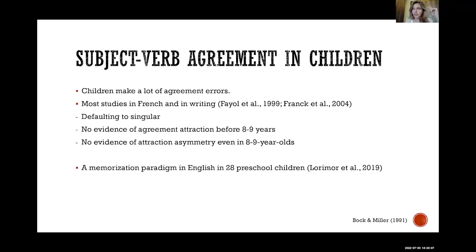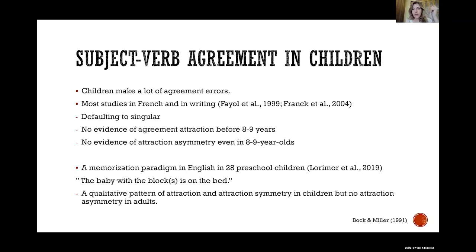In more recent studies, using paradigms that have a little bit more ecological validity in this age group, especially in the preschoolers, we see different patterns. For example, Lorimer and colleagues conducted a study in English-speaking preschoolers, and what they had was a memorization game. Children watched some scenes, memorized some events, and then produced sentences such as, the baby with the blocks is on the bed. In this study, the authors found a qualitative pattern of attraction and attraction asymmetry in children.